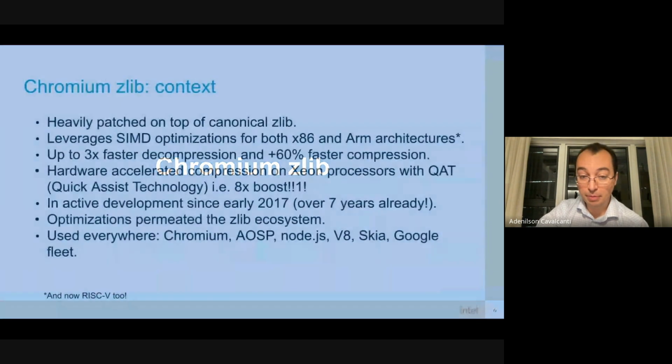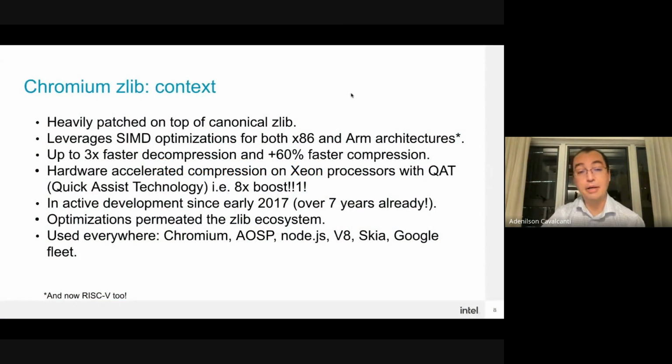Right, so for people who are not familiar with it, Chromium zlib is a fork of canonical zlib. It has seen the optimizations for both x86 and ARM architectures and now RISC V, and offers an average 3 times faster decompression and 60% faster compression when compared to canonical zlib.